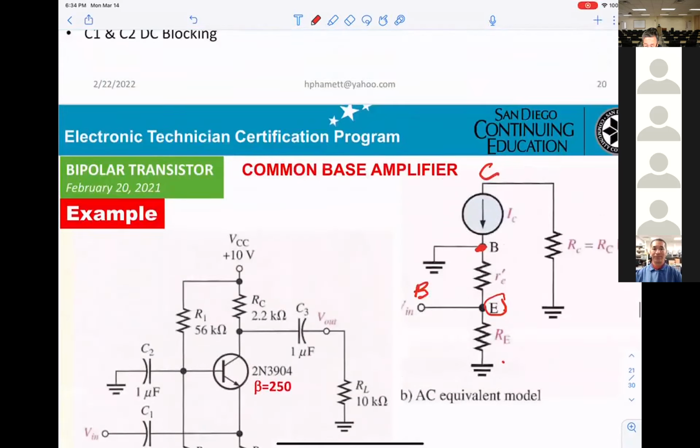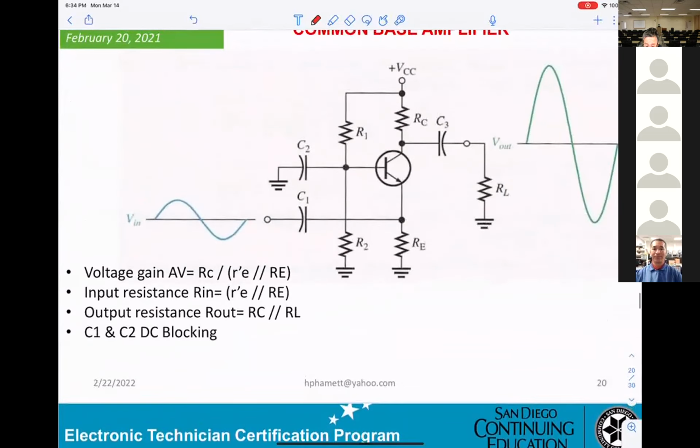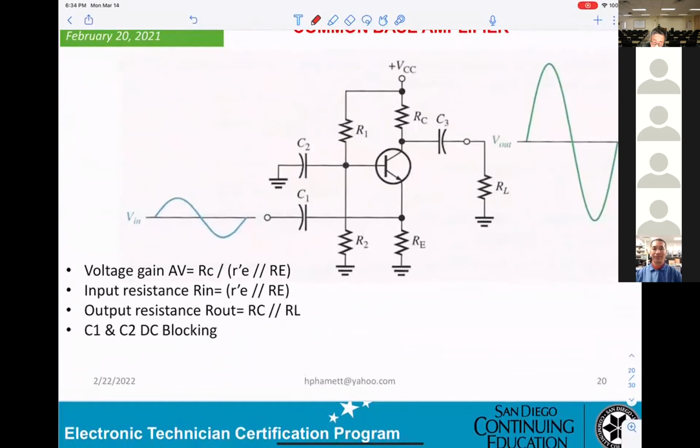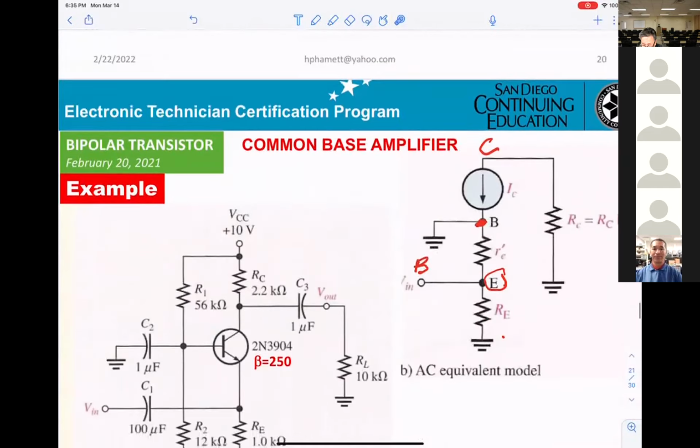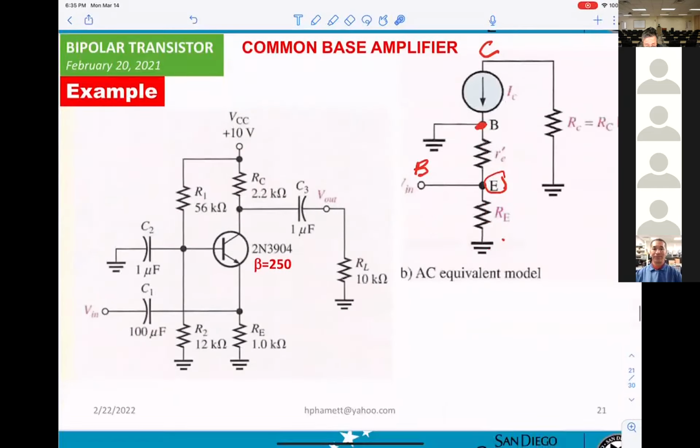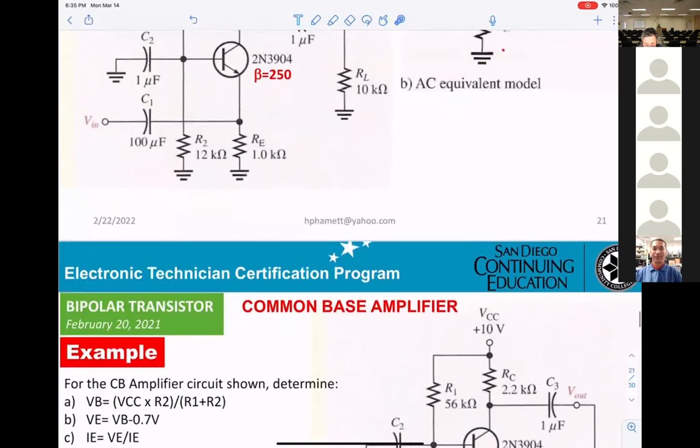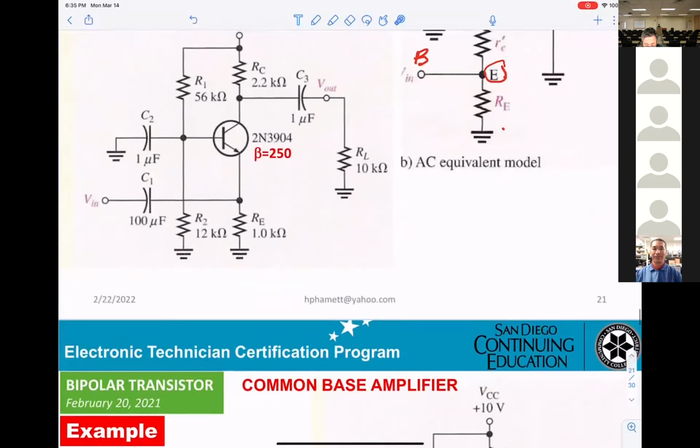You can see that this guy and this guy are in parallel, exactly the same as common emitter.